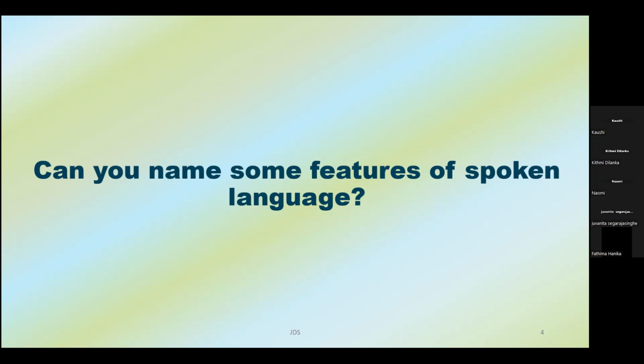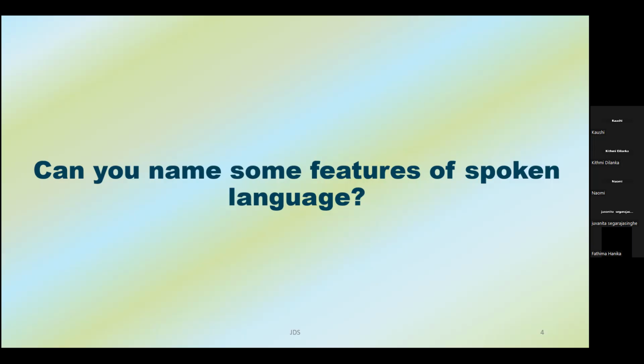And think of the extended forms. Now, when we speak, what kind of forms are mostly being used in spoken language, in colloquial terms? Informal language, informal words. It can be slangs.